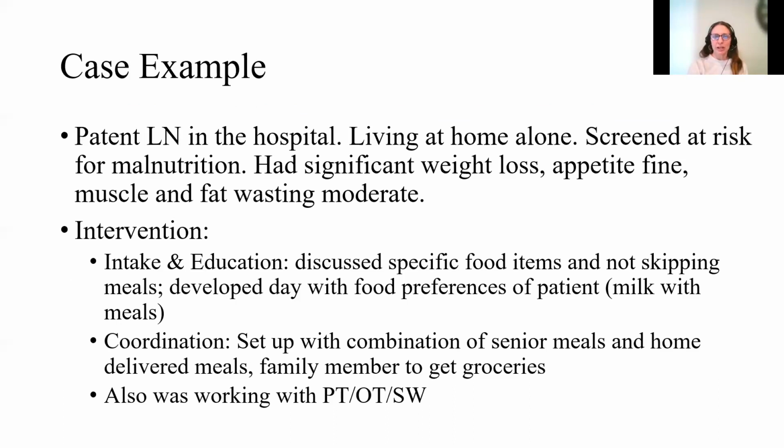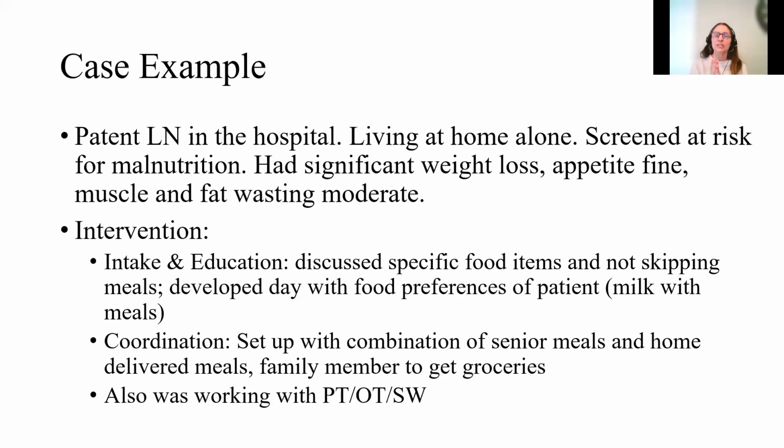So I came up with a brief example. Patient LN was in the hospital living at home, and they screened for malnutrition. They had significant weight loss. The appetite was fine, but there was muscle and fat loss that was moderate. What we did for this patient was discuss specific food items that the patient liked. Milk with meals was a big one.